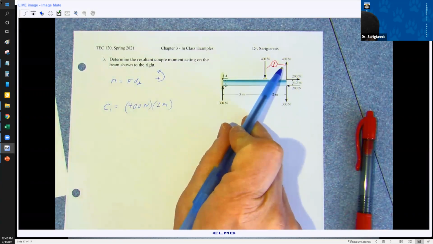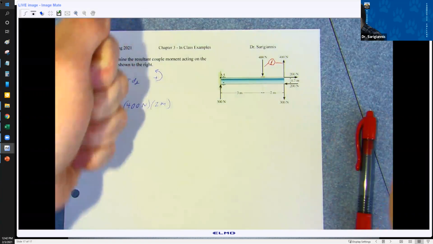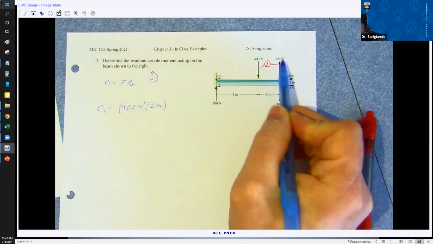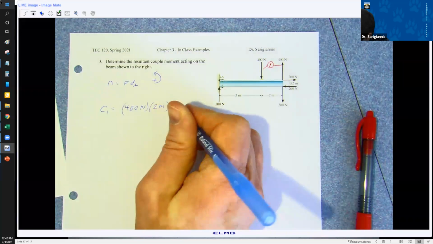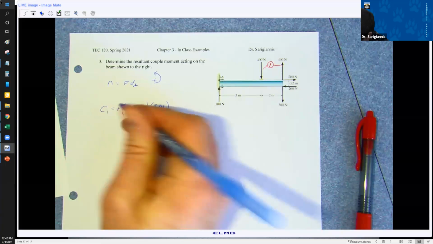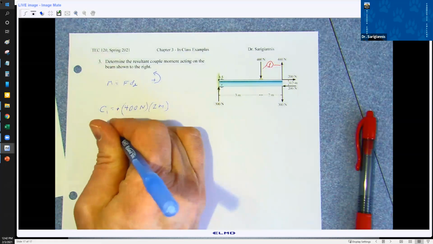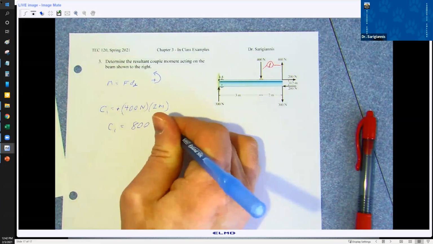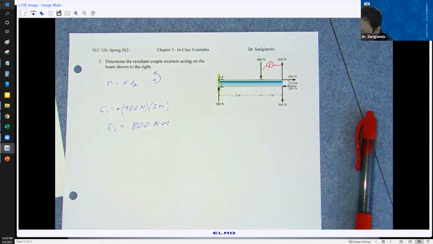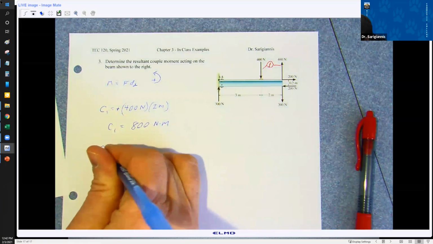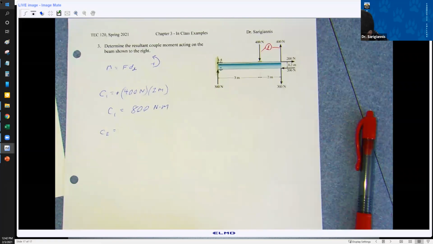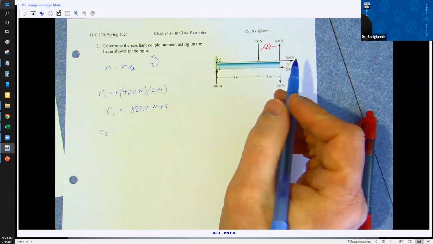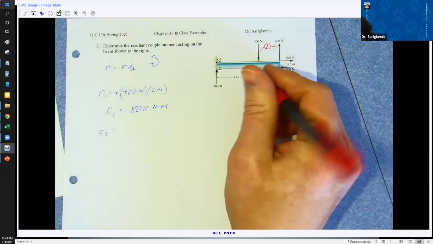Notice it's like you're turning a wrench with 2 hands, or turning a wheel with 2 hands. It's like I'm turning something counterclockwise. So this is counterclockwise, it's going to be positive. So this equals 800 Newton meters. That's positive. C2: let's call the 300 Newton one number 2.